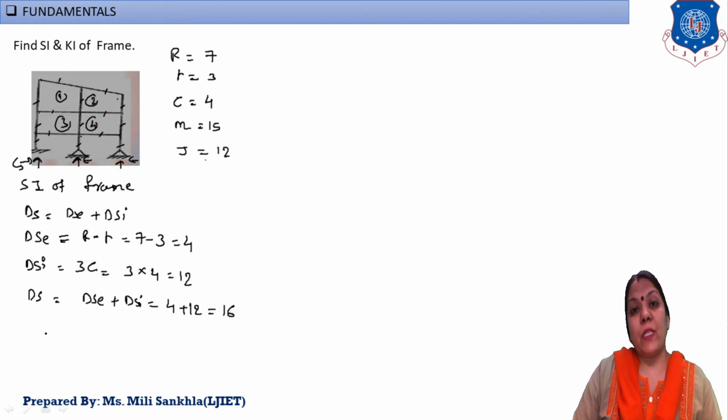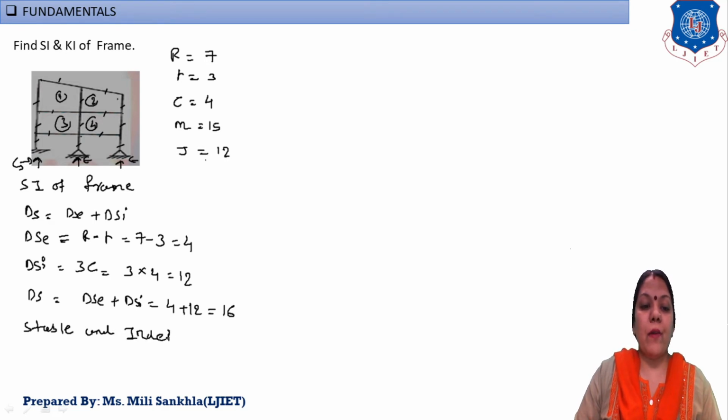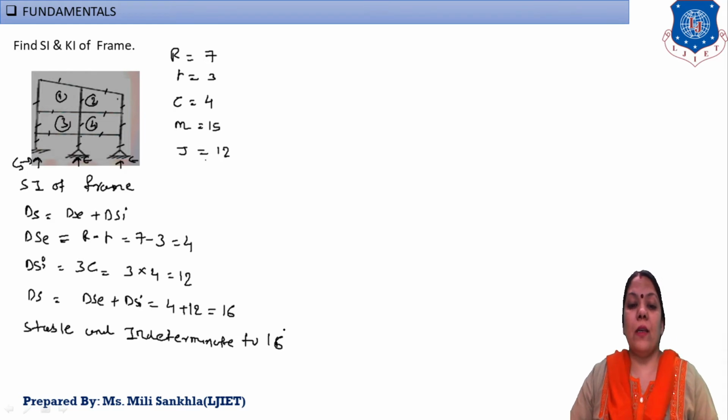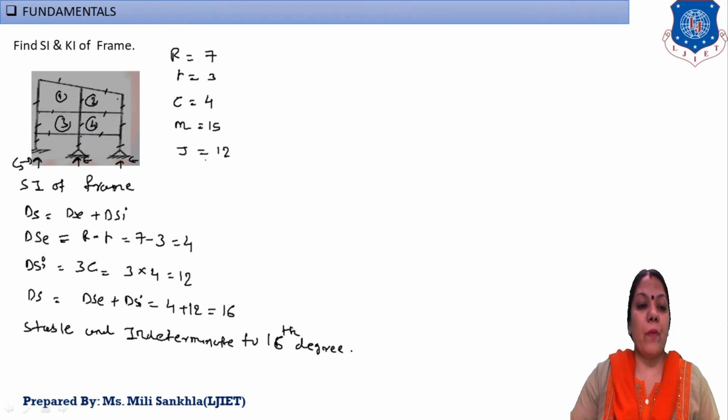Our answer is positive. Now what is the statement of this frame for SI? Given frame is stable and indeterminate to 16th degree. SI of frame is complete.